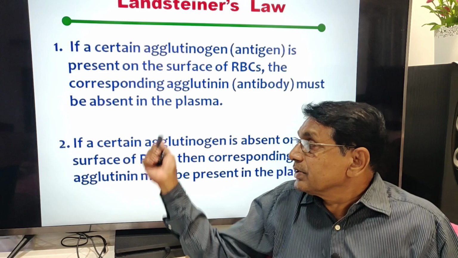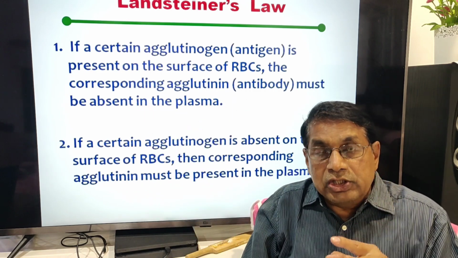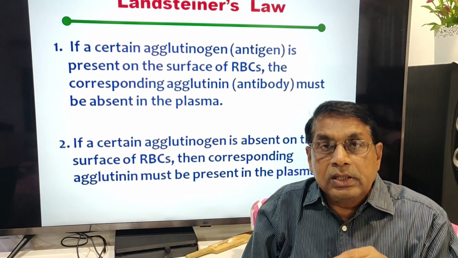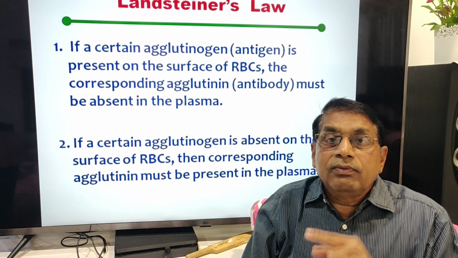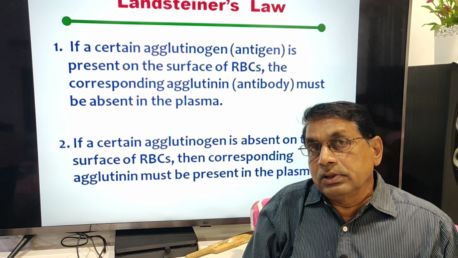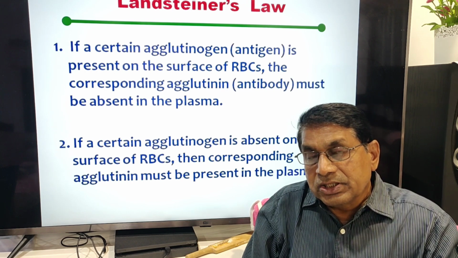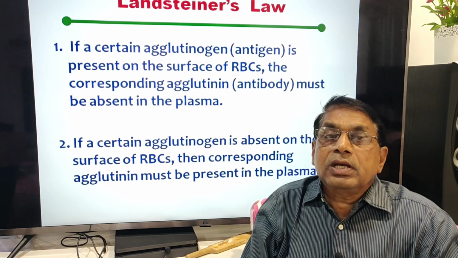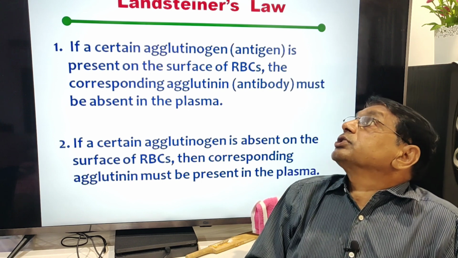So this you must clearly understand. If antigen is present on the RBC, corresponding antibody will be absent in his plasma. If antigen is absent, antibody will be present in the plasma. That is Landsteiner's law.